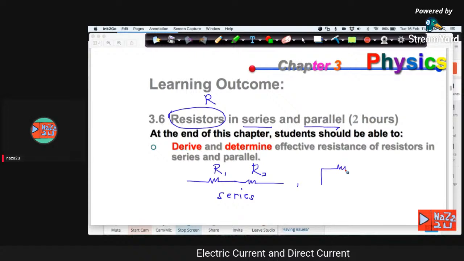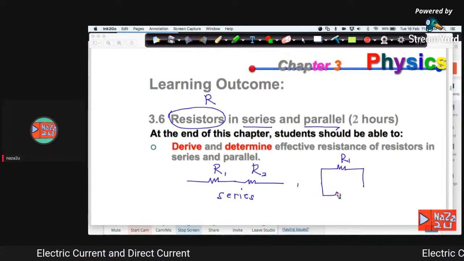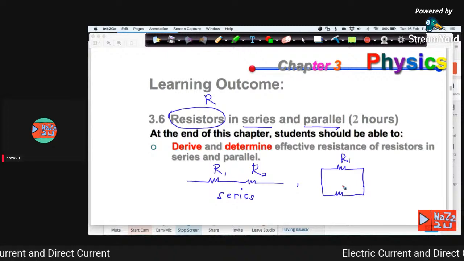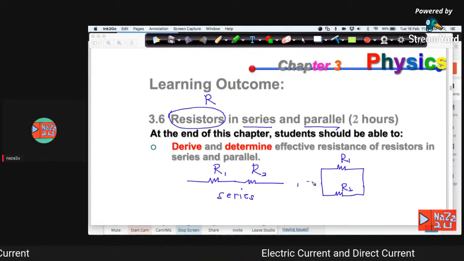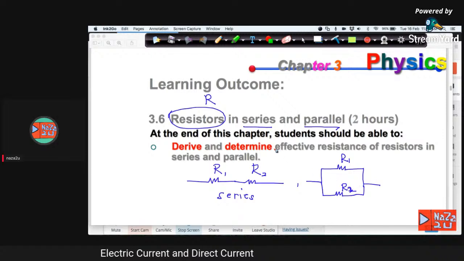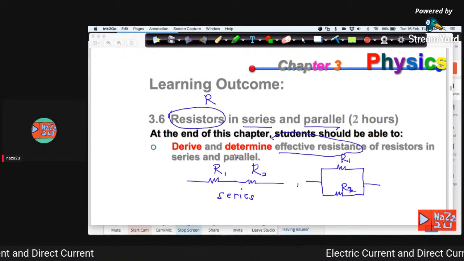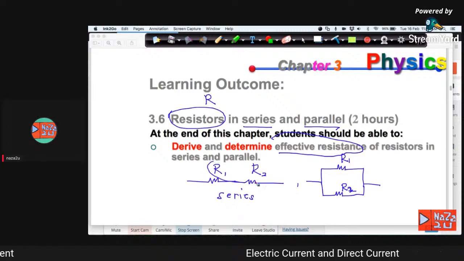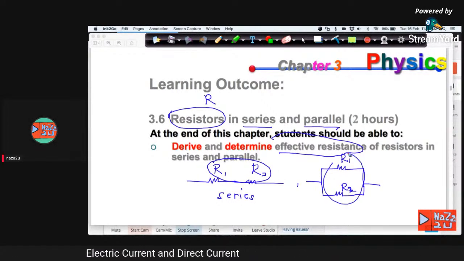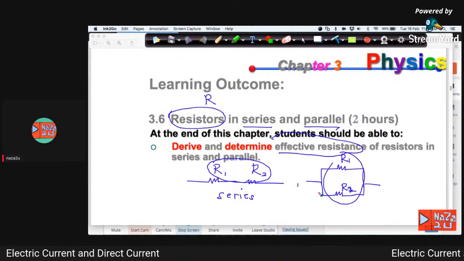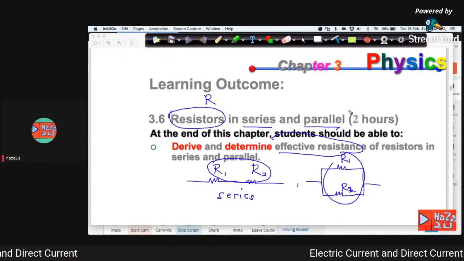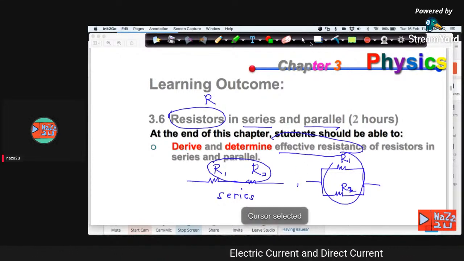Let's say we have a resistor 1 and we have another resistor. This is a resistor 2, and calculate the effective resistance. So meaning here, what is the total resistance for the series circuit and the total or effective resistance for the parallel circuit? Right? Continue to the next slide.